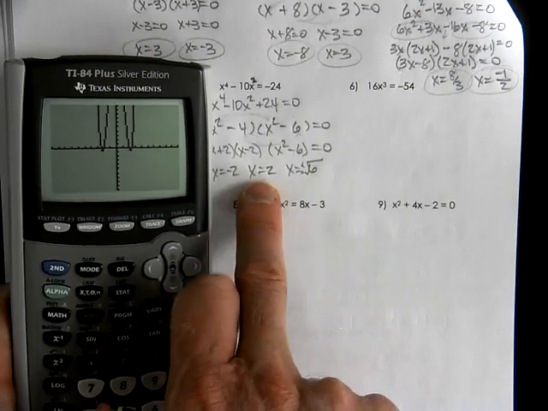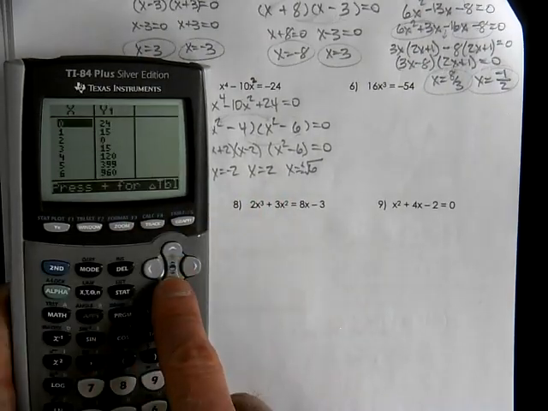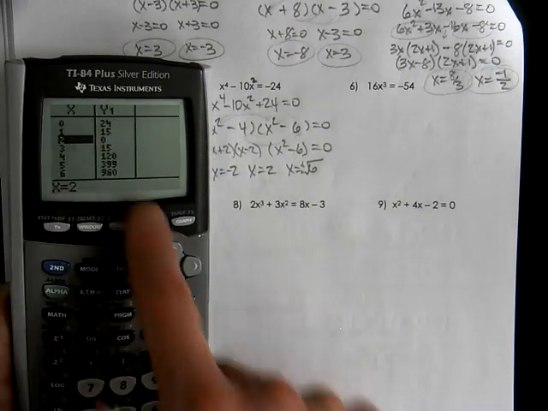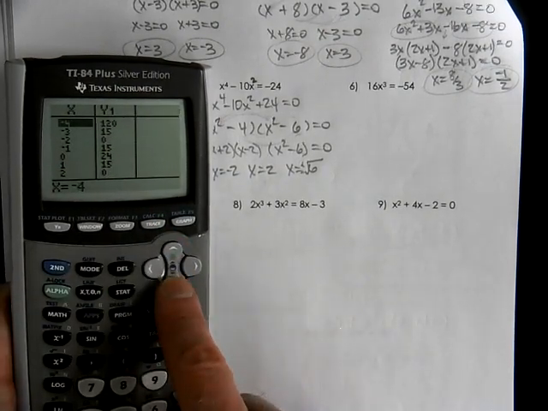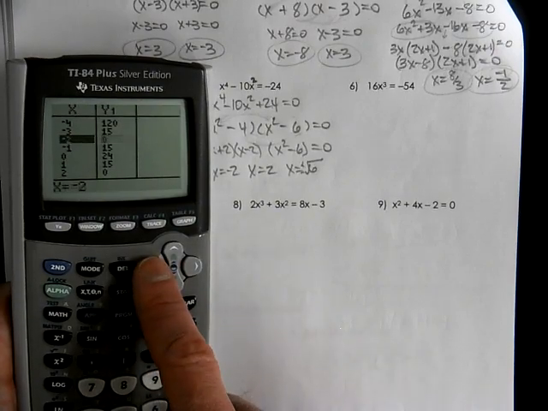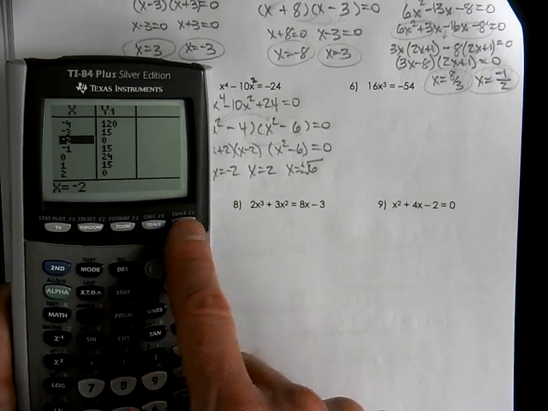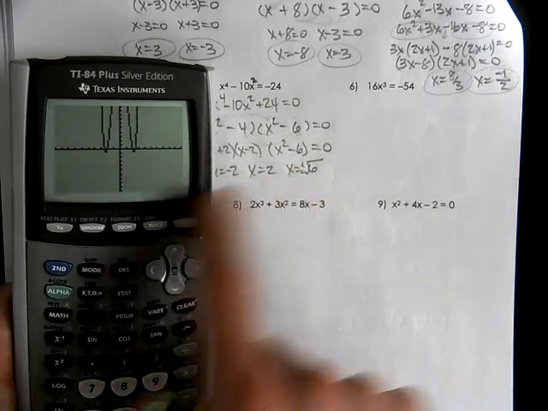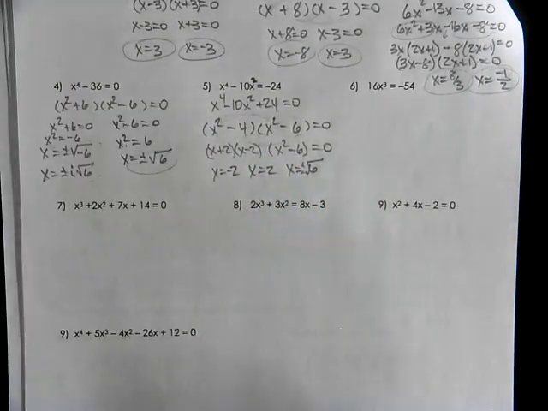So one of those spots would be -2, the other spot would be +2. +2 gives me a 0, -2 gives me a 0. The other two spots would have been the square root of 6 and negative square root of 6.